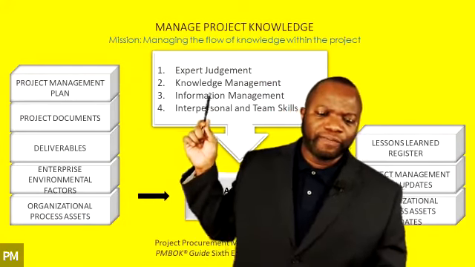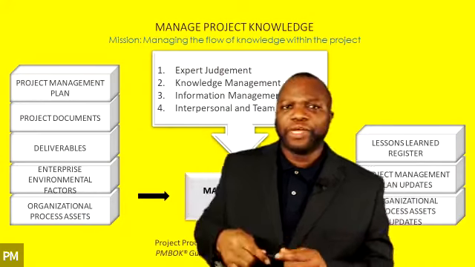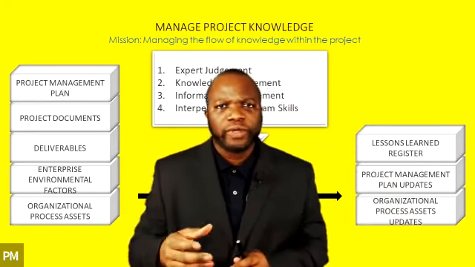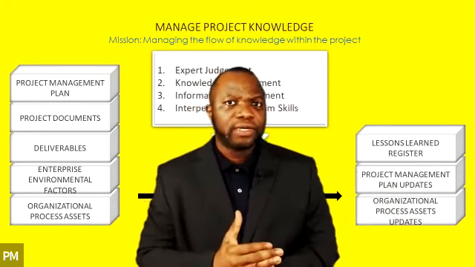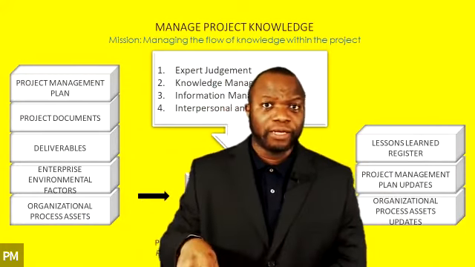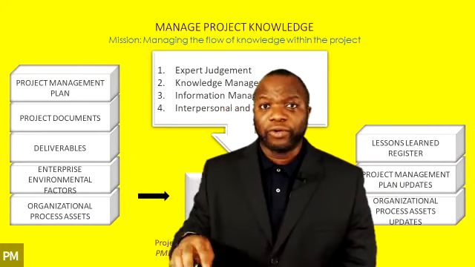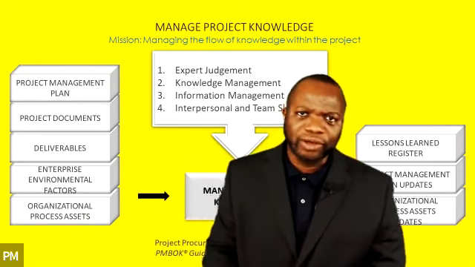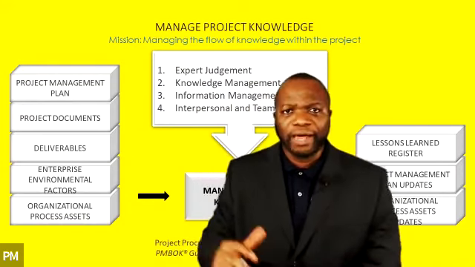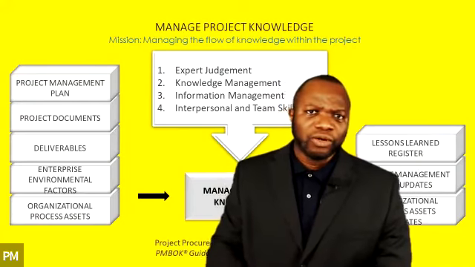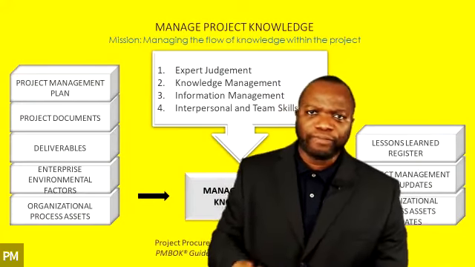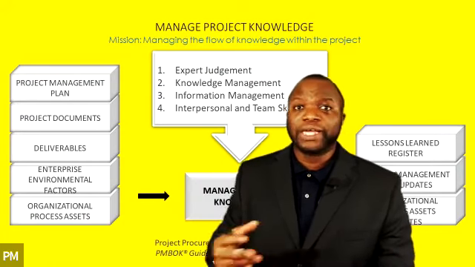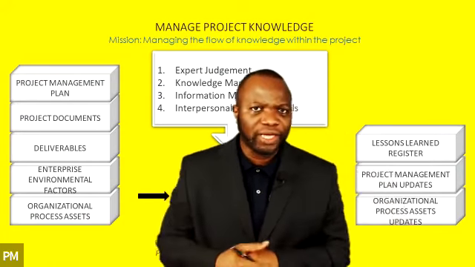Then we have information management. Information management is different. When you capture information and document it, you can put it into a library or a repository or some other location online somewhere, library services and so on. Well, if people need the information, what should you do? Connect them to the information they need.